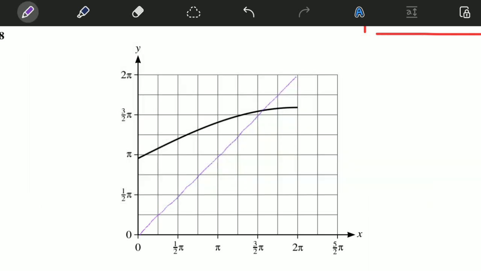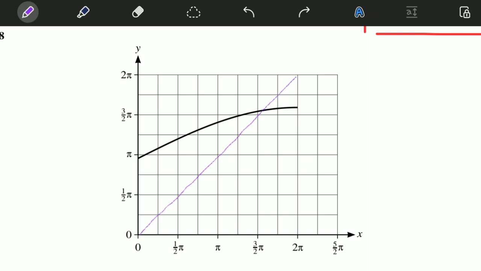And the next thing we are supposed to do is check the points on this curve and mark them on the other side.